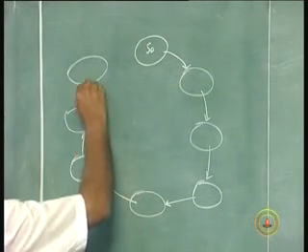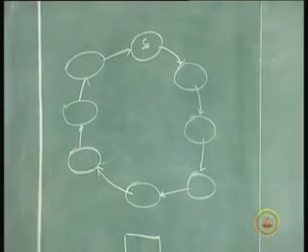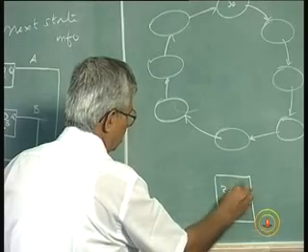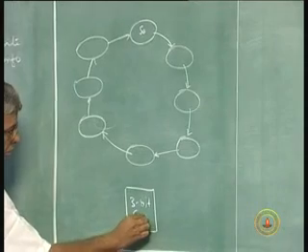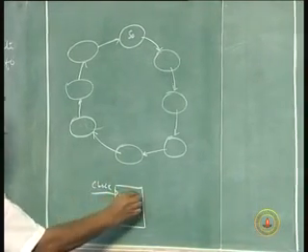Arrows do not have any condition attached to them, x is 0, x is 1, because there are no external inputs. So this is a counter. The only input is the clock. The outputs are A, B, C.